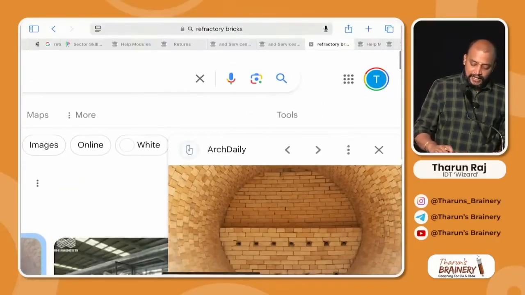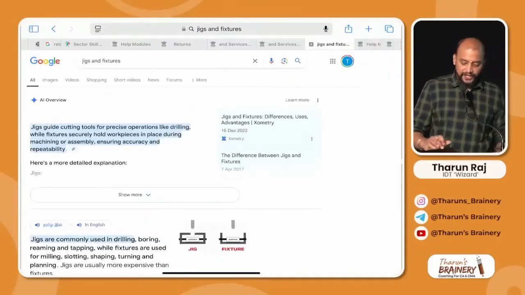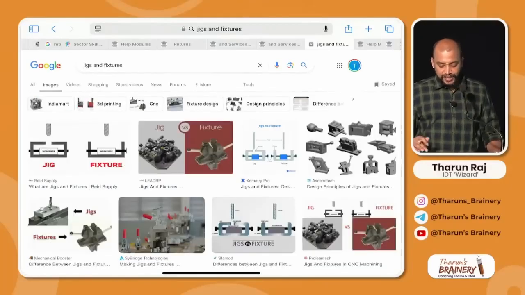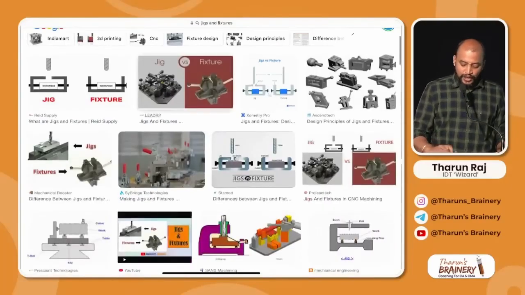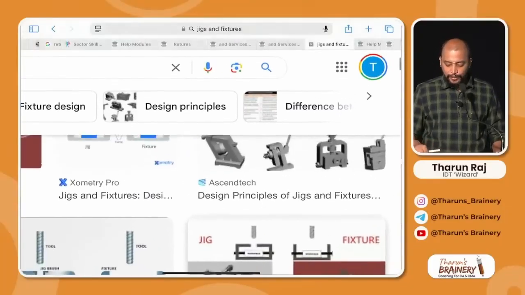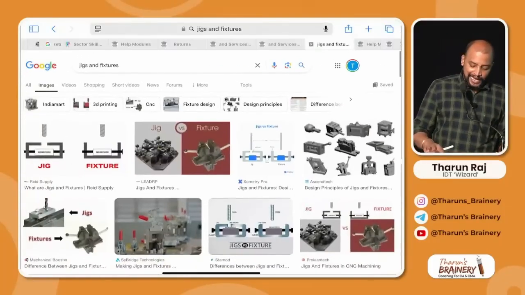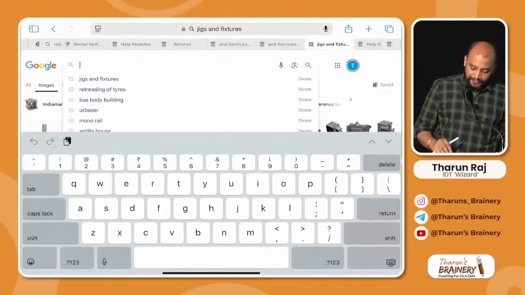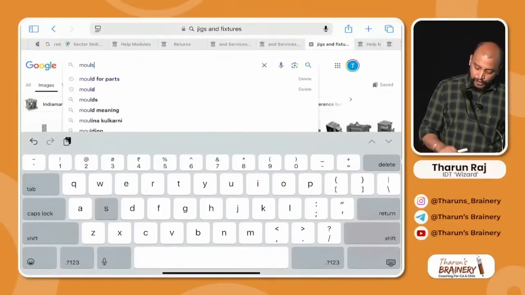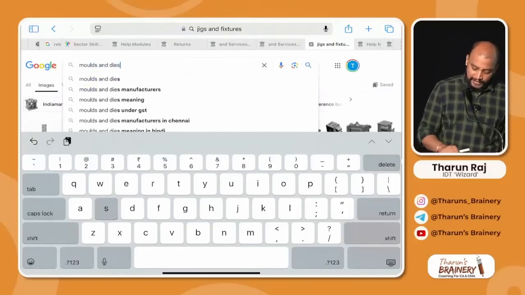And then next one we have jigs and fixtures. Jigs and fixtures mean we use them to hold the material or equipment. And then we have molds and dies.